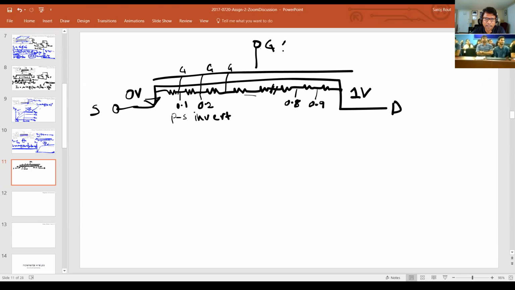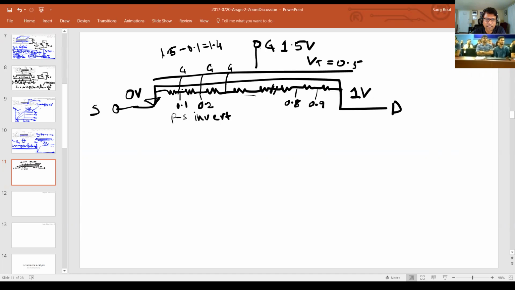So let's say I give a gate voltage of 1.5 volts, like I said before, and VT is 0.5 volts, right? So what's the gate to source voltage of this tiny little transistor here? It's not 1.5 anymore, right? It's 1.4 because it's 1.5 minus 0.1. Sorry, 1.5 minus 0.1, which is 1.4, right?